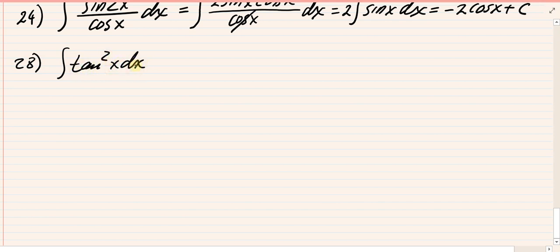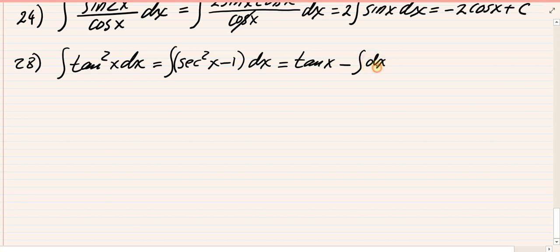Again, we do not have that in our table of integrals or antiderivatives. Now we do have the identity for tan squared: it is secant squared minus 1 dx. And this would be the integral of secant squared, which is tan x, that's in our table, and the integral of negative dx, which is 1 dx, that's just going to be x, plus c1, because we took that integral.